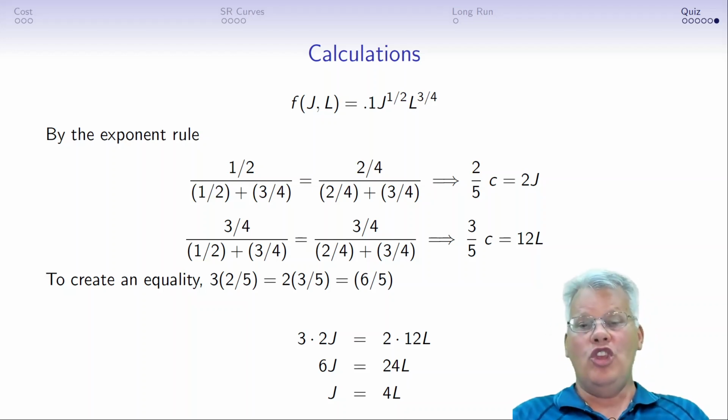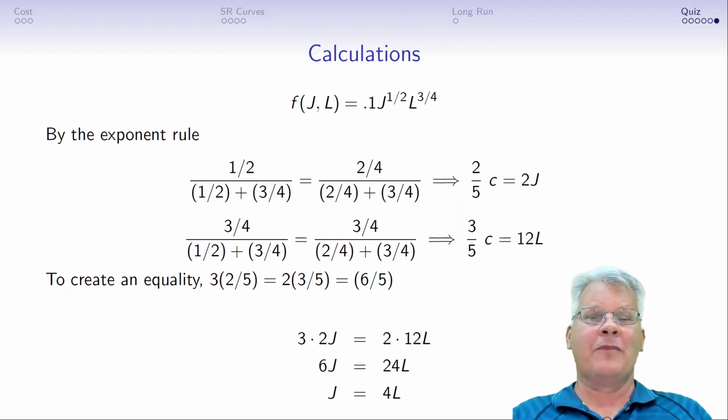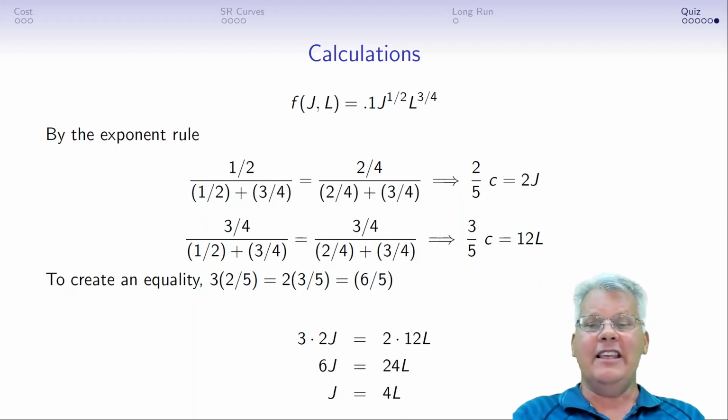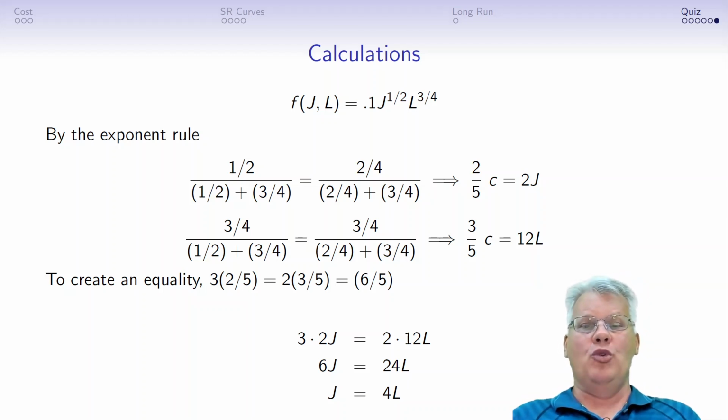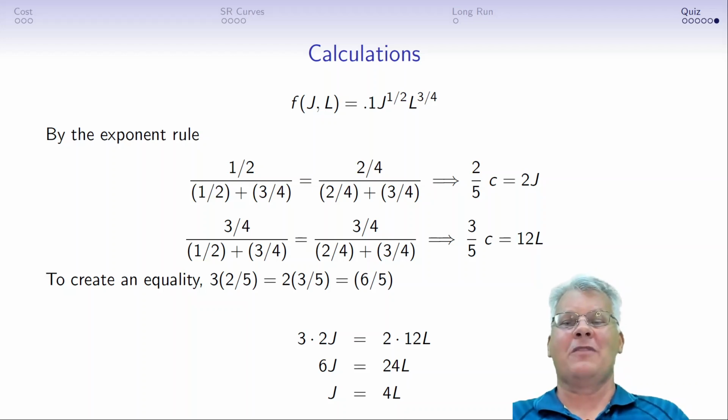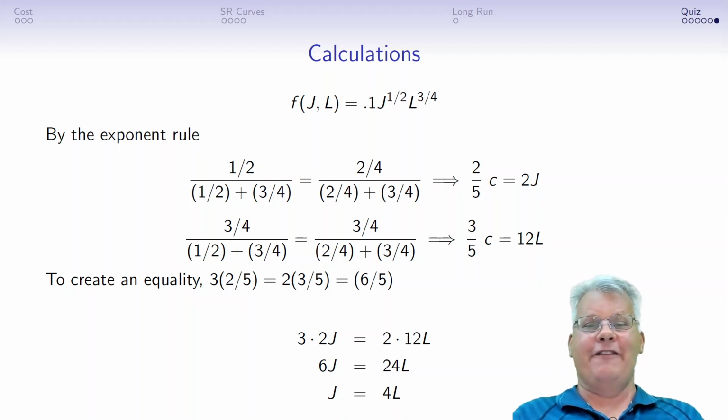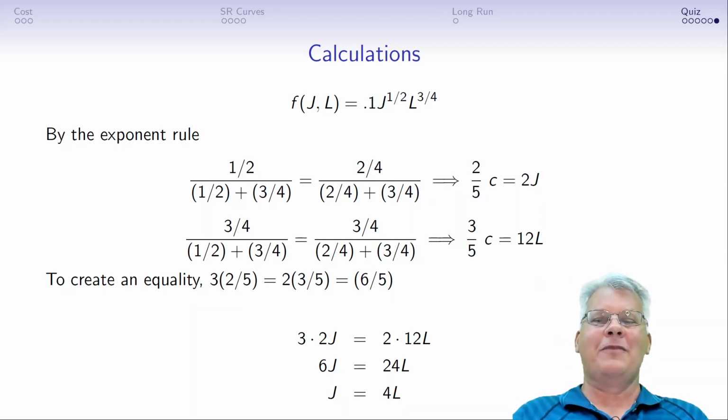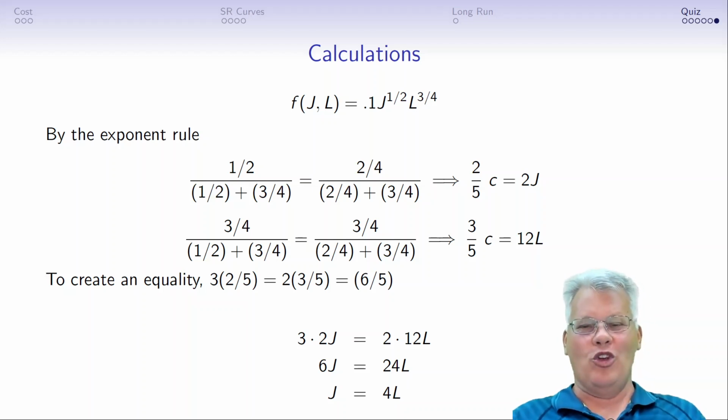In order to use the exponent rule, we need to generate some sort of equality using those two bits of information. I claim that the least common multiple between 2/5 and 3/5 is 6/5. So if I multiply the joke cost by 3, that gives me 6/5 of total cost.